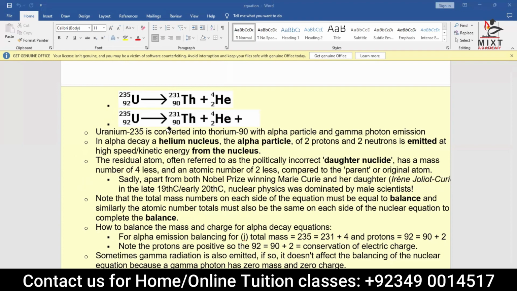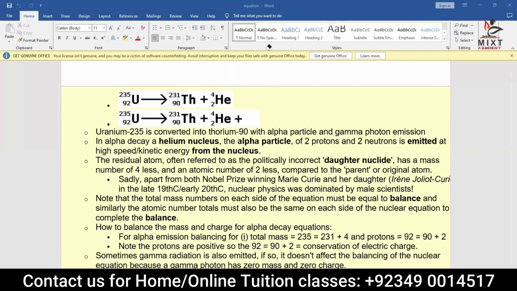And what about in thorium now? That's 141. So what is the difference? 2 neutrons. So it means that thorium has 2 neutrons less than uranium.